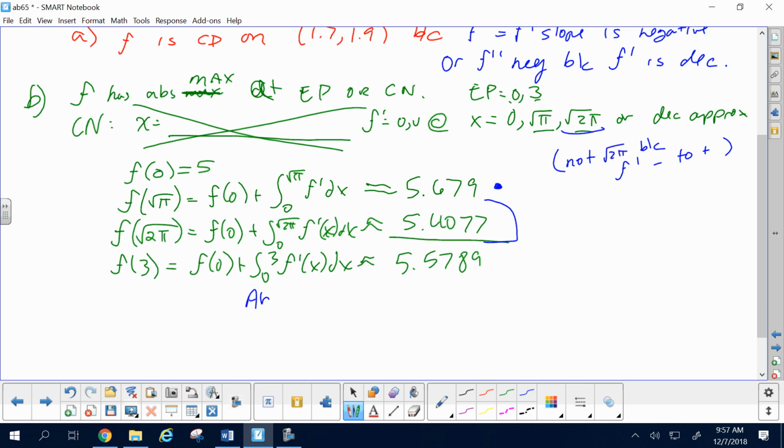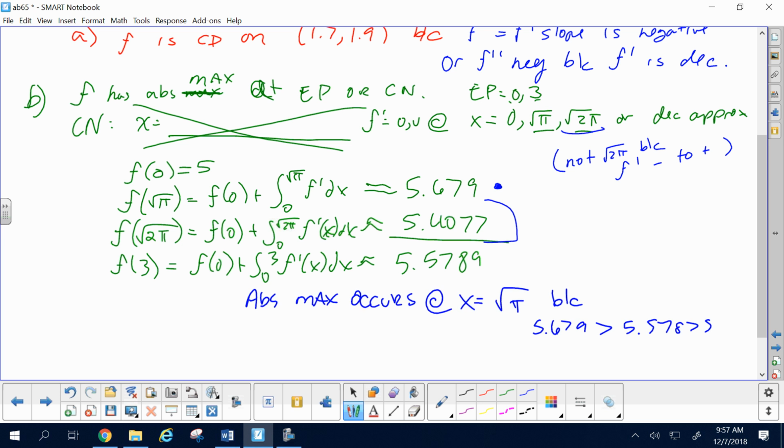So you'd say the absolute max occurs at x equals square root of pi, either because it's the greatest of the candidates, or you say, hey, 5.679 is greater than 5.578, which is greater than 5.407, which is greater than 5. So either that, that's your answer.